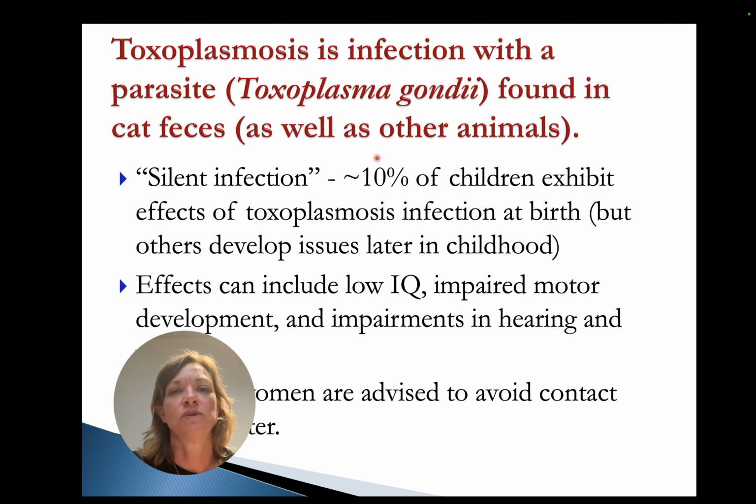That's because only a small percentage of children exhibit effects of toxoplasmosis infection at birth, but a whole host of other children have issues that are revealed later in childhood. The effects of this parasitic infection in utero can include low IQ, impaired motor development, and impairments in hearing and vision. And so for this reason, pregnant women are advised to avoid contact with cat litter.